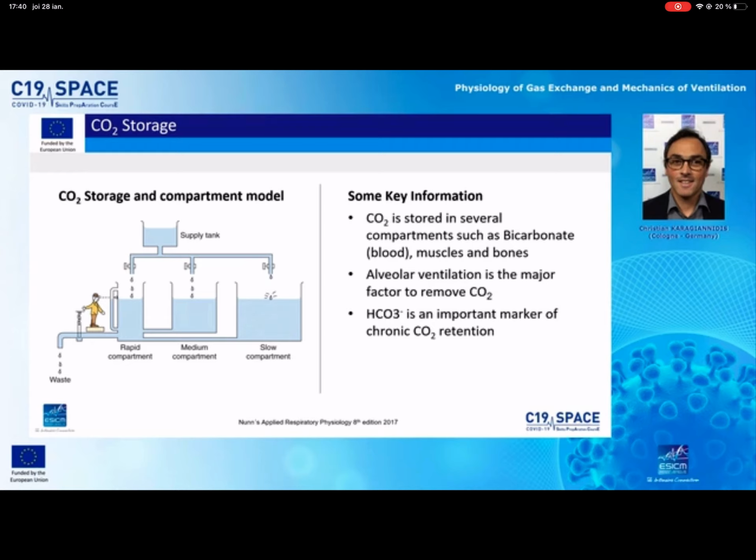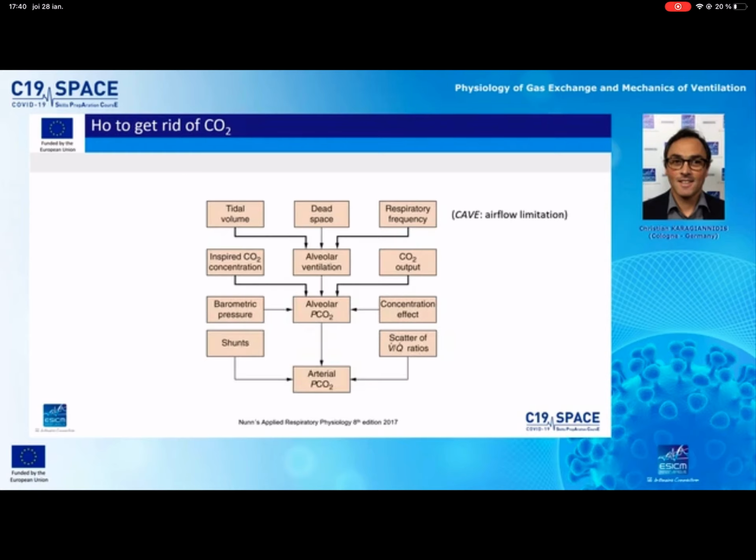One major point to treat COVID-19 patients, to my mind, is that alveolar ventilation is the major factor to remove CO2 from the body. And if you have to treat a patient with COVID-19, alveolar ventilation is very much influenced by the tidal volume on one hand side and also by the respiratory frequency.